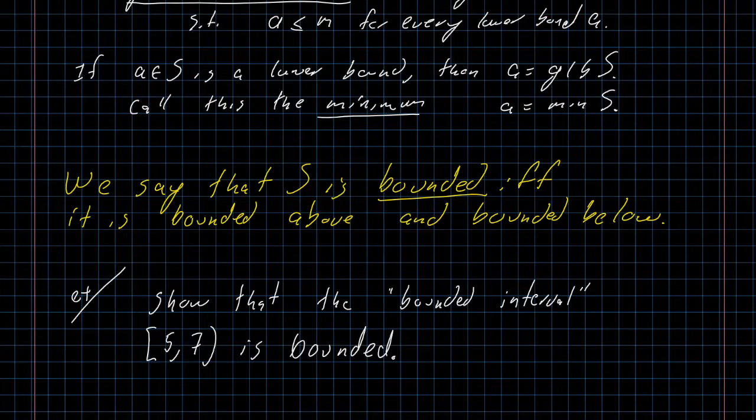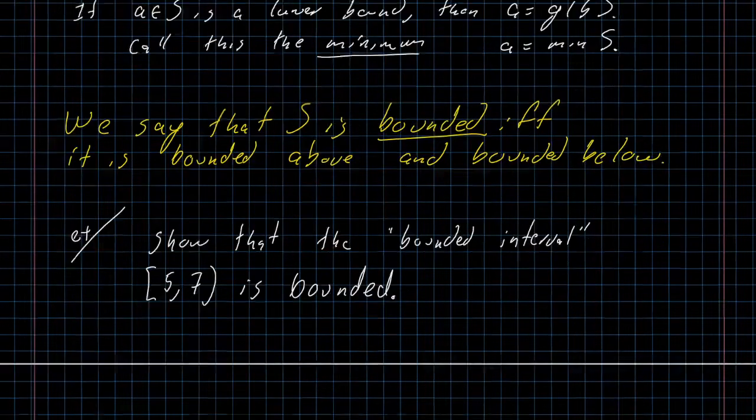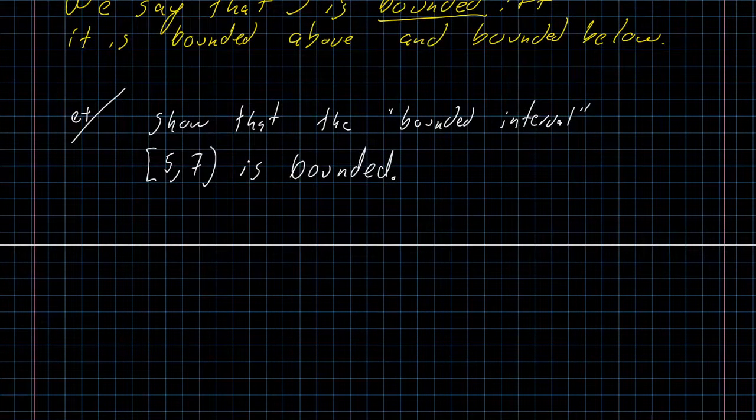All right, so a set is bounded if and only if it is both bounded above and bounded below. We can determine that a set is bounded above and bounded below by finding an upper bound and a lower bound. In this particular case, that's fairly straightforward.